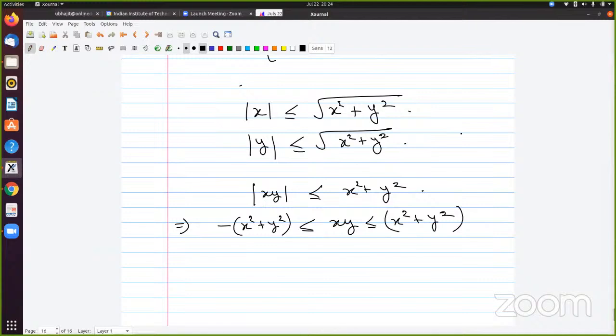Now, can we write this? We can write it, right? If the mod of some number is less than some number, then it lies between plus and minus that number. Is it clear to everyone?